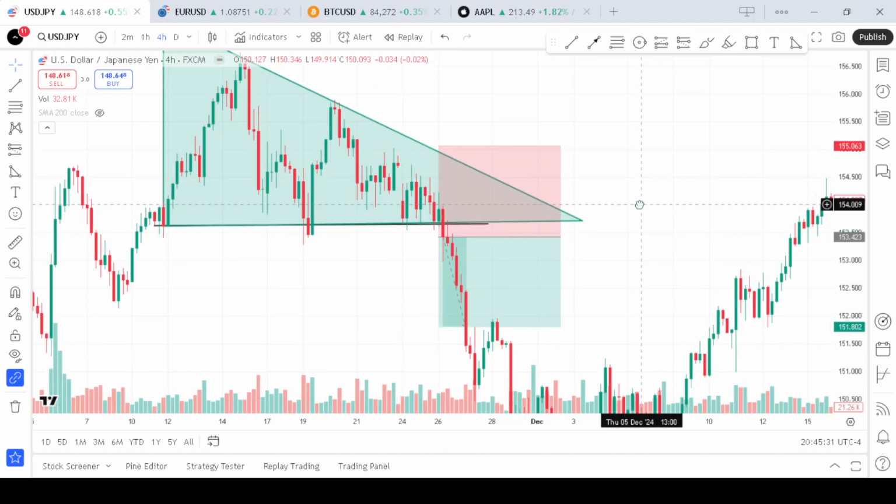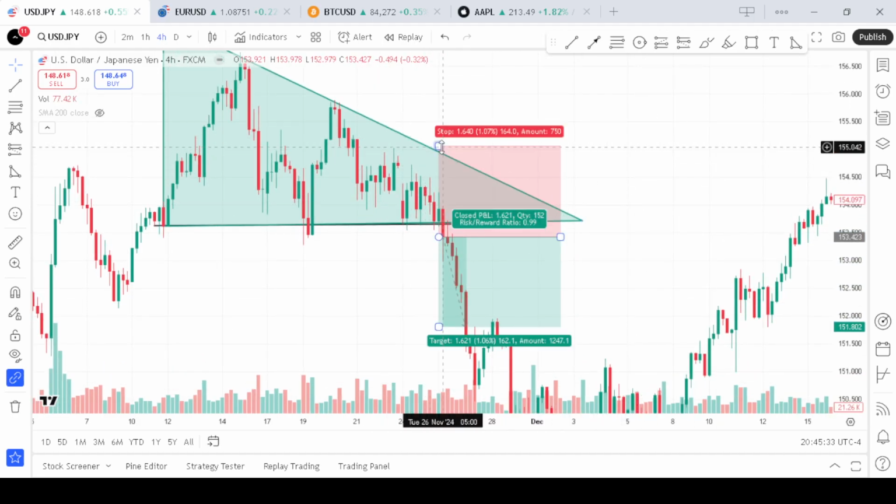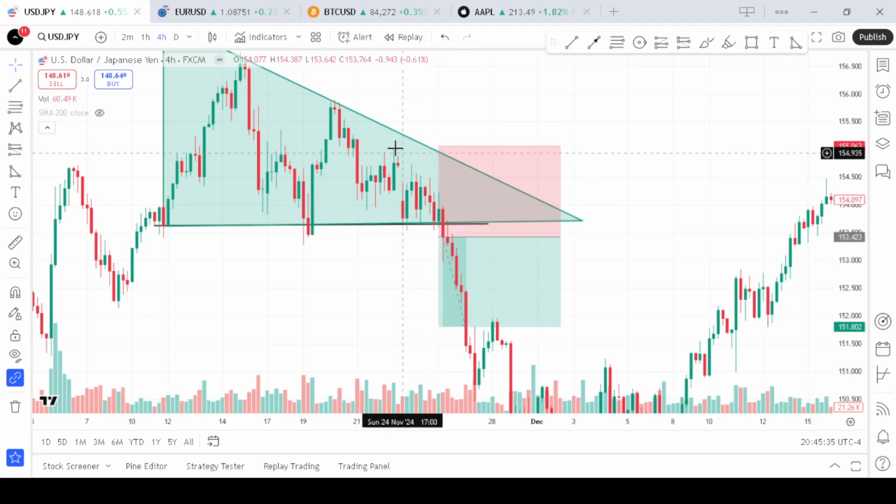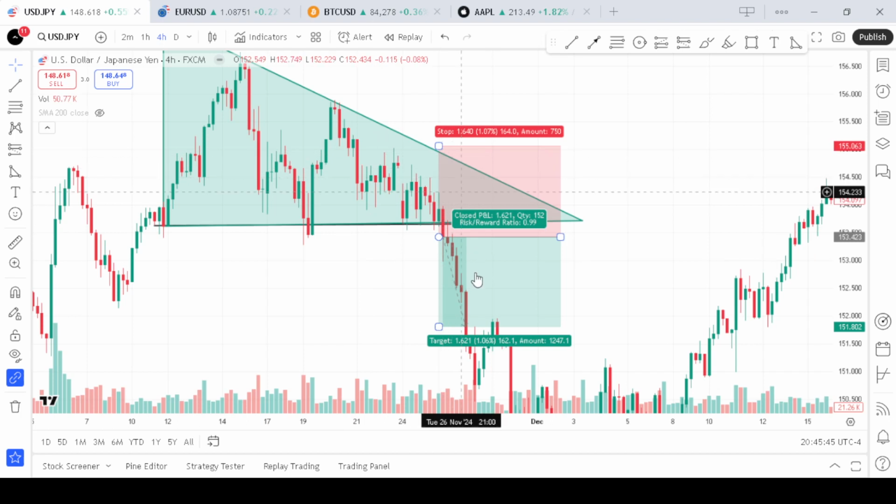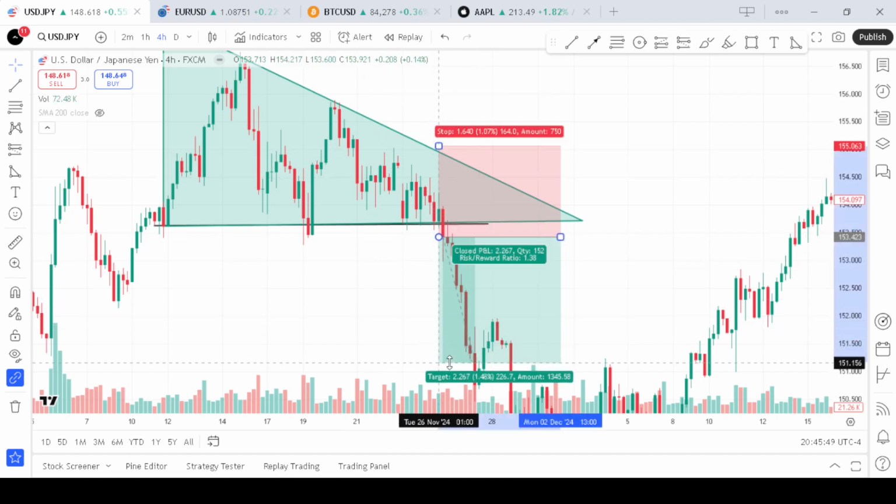You place your stop loss above the last swing high in that area, within the triangle. This is how you enter. Then you project your trade to wherever you want to project it to, 1:2, 1:3, as the case may be.